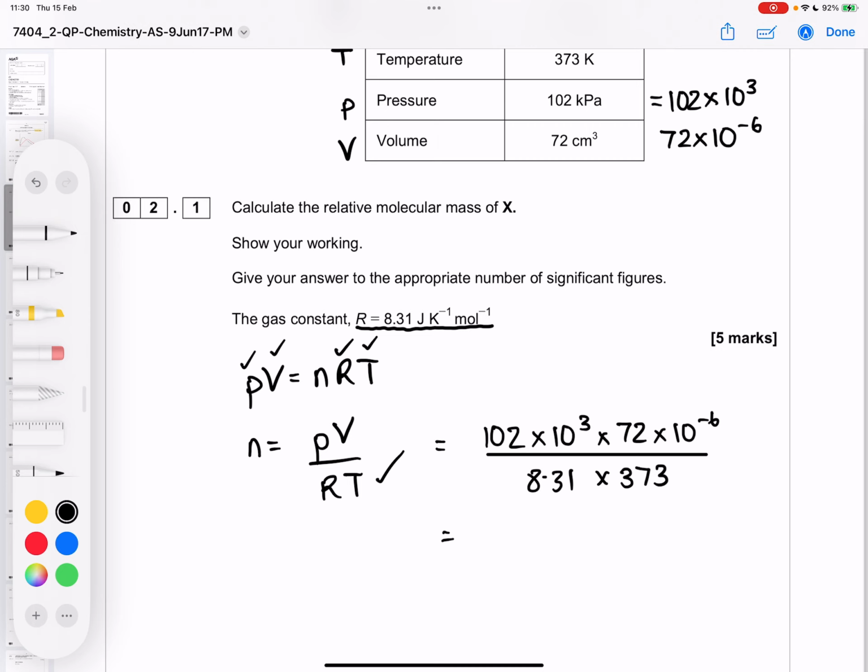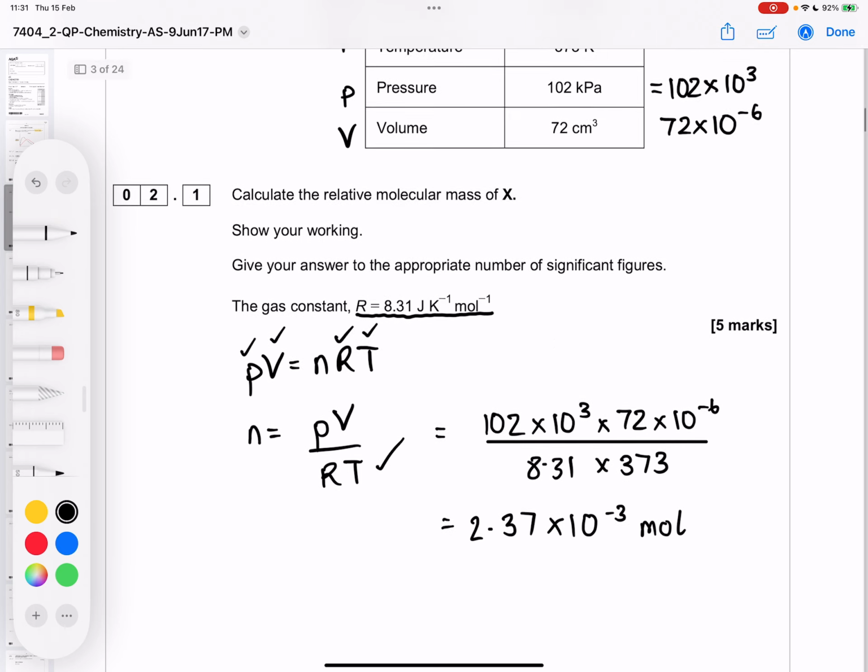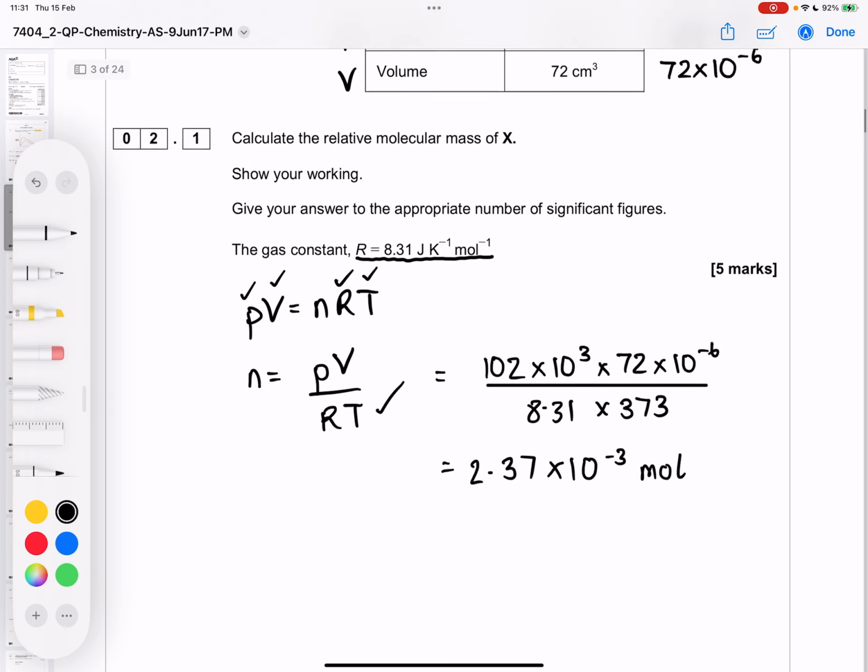It's a good idea to use that fraction button on your calculator to keep it looking like it does on the page. Also, this will help with the rules of BIDMAS and not falling foul of making a mistake in your multiplying or dividing. So my calculator has given me 2.37 times 10 to the minus 3 moles, or 0.002737 if you want it like that.